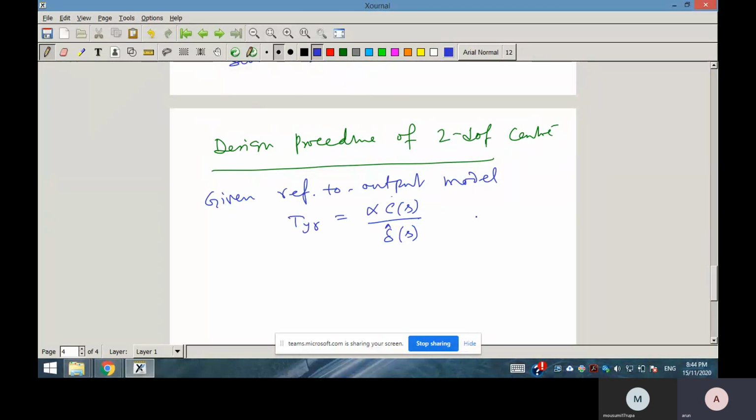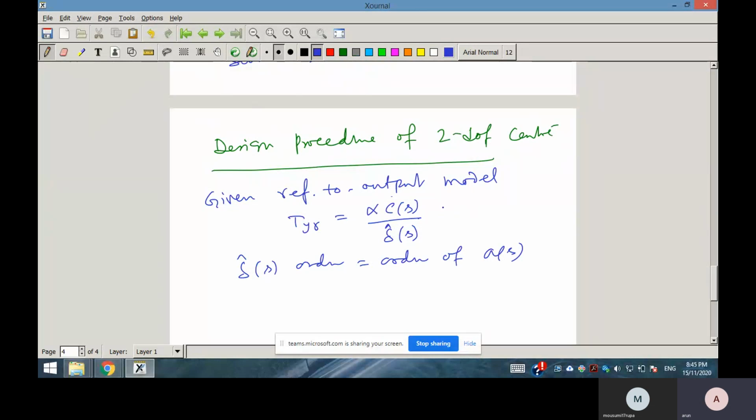So now how will you choose? You can easily see from here that in the reference input output model, the zero polynomial of the plant will be retained. And also the delta S order should be equal to the order of AS.